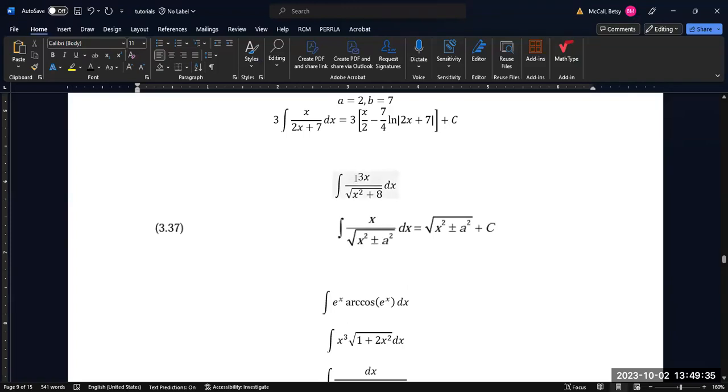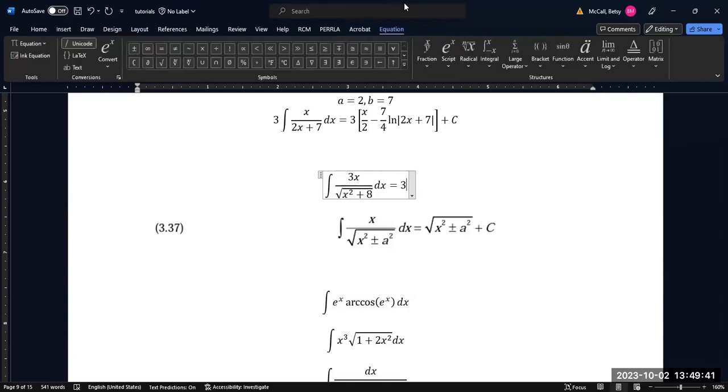And this is our formula. Again, we're going to pull out the 3, and have x over the square root of x squared plus 8.